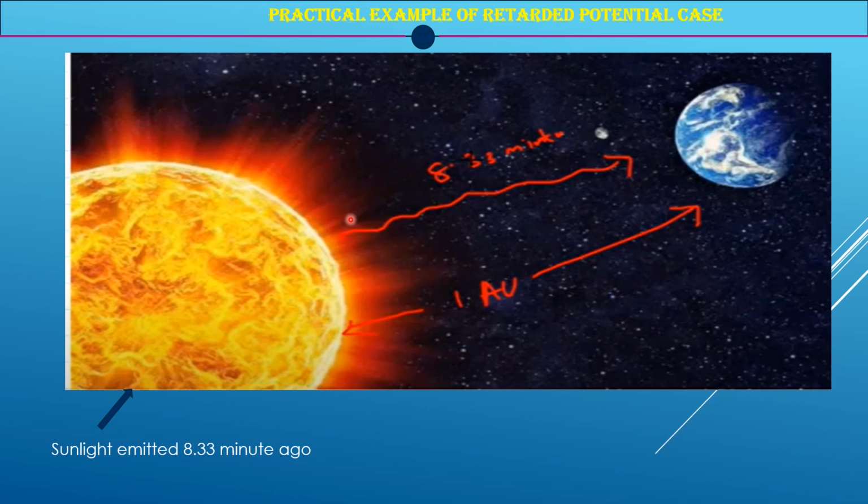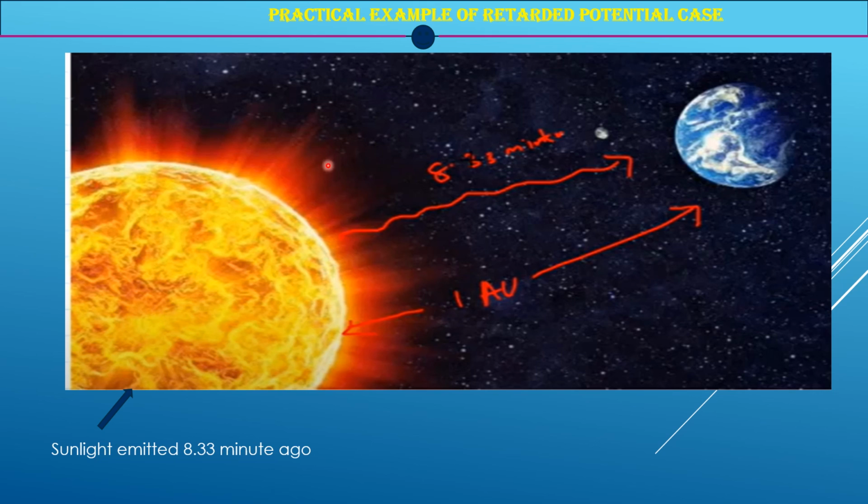This is a retarded time. If we assume the sun switched off, we have no recording instrument by which we could measure at what time ago the sun actually disappeared.